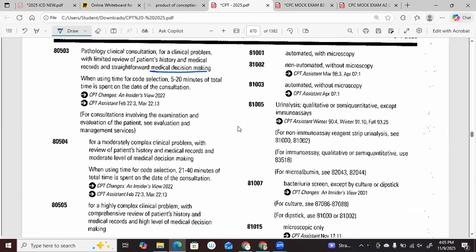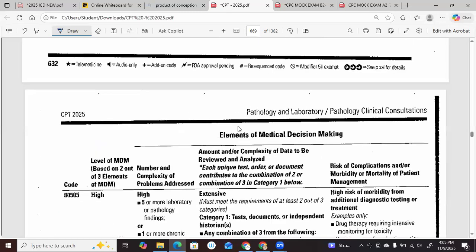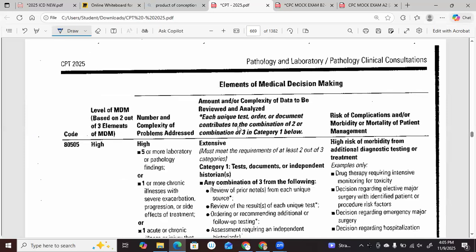We have a particular process to calculate the MDM, which we are not going to discuss today. This is the MDM table. I'm not going to discuss this MDM table right now. We will discuss it when we discuss E/M. The same MDM table we have to follow here.